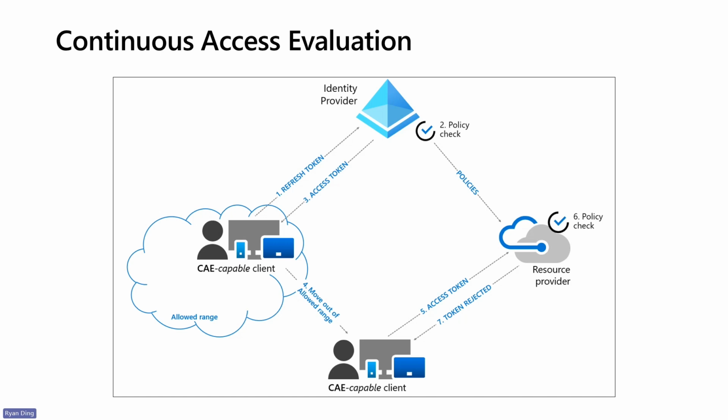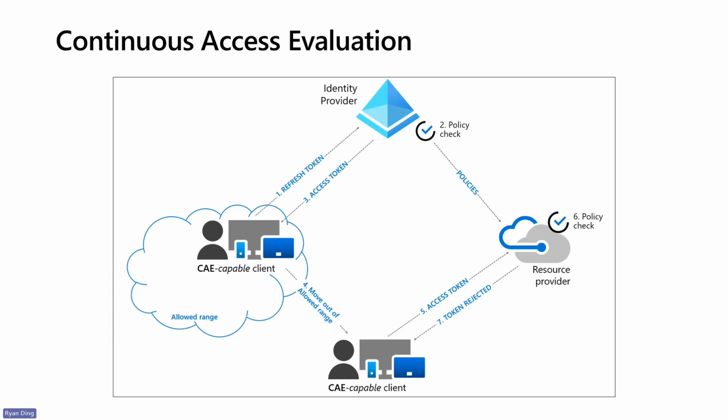And so what happens is they can subscribe to these critical events, and when the critical events happen, they can automatically and immediately revoke your access to these services, right? So for example, I might be a user who is inside the office location, and that might be my authorized work location. Let's say I leave the office, and now I no longer fall within the authorized location for a certain conditional access policy, let's say to access Outlook or SharePoint, right?